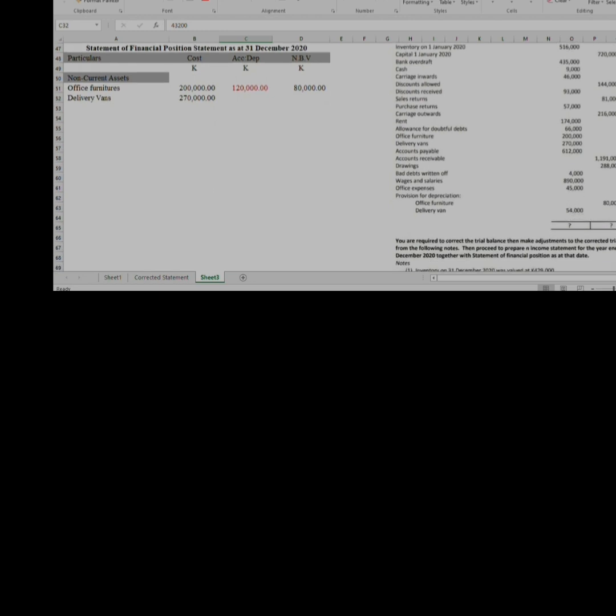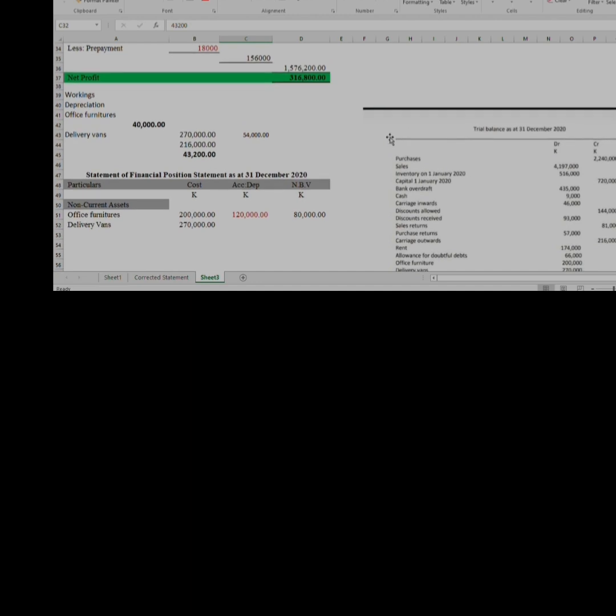So 54,000 plus 43,200, we find the answer, which is 97,200. Then we can say this is also the depreciation, meaning we're going to say 270,000 minus 97,200, and we get 172,800.